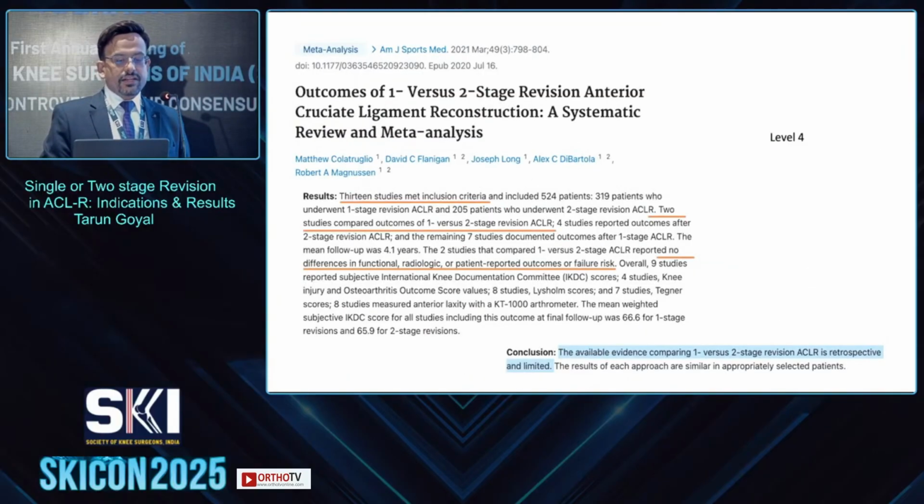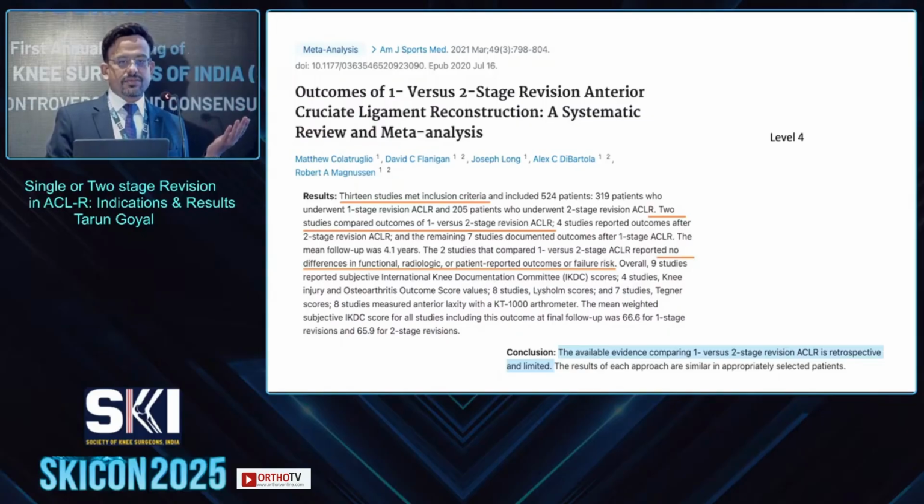So the systematic reviews and meta-analysis on stage 1 and stage 2 revisions. This was published in 2021 and there has been no systematic review after that. It included 13 studies that met the inclusion criteria, but it is interesting to note that only 2 studies made some comparison between stage 1 and stage 2. No randomized studies are available in which the patients were actually randomized into stage 1 and stage 2.